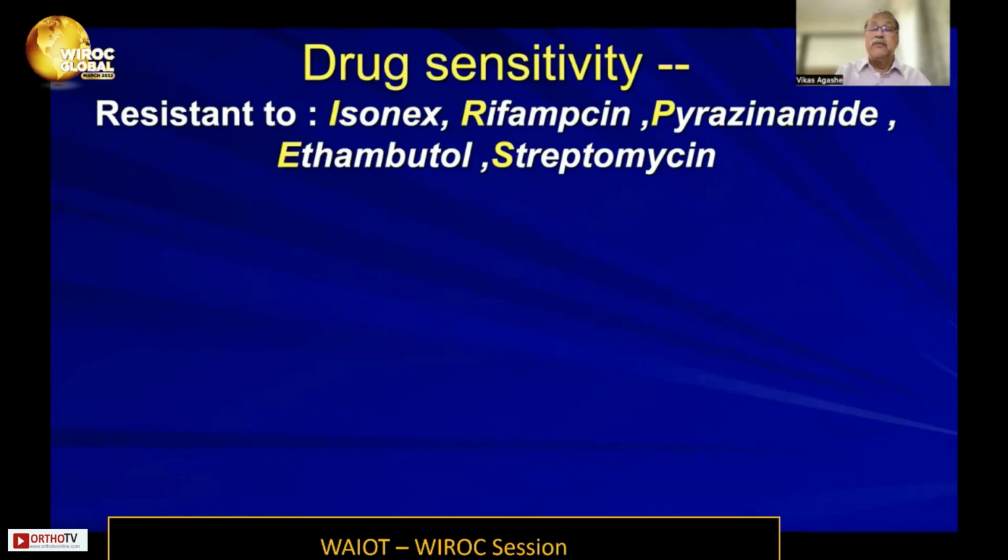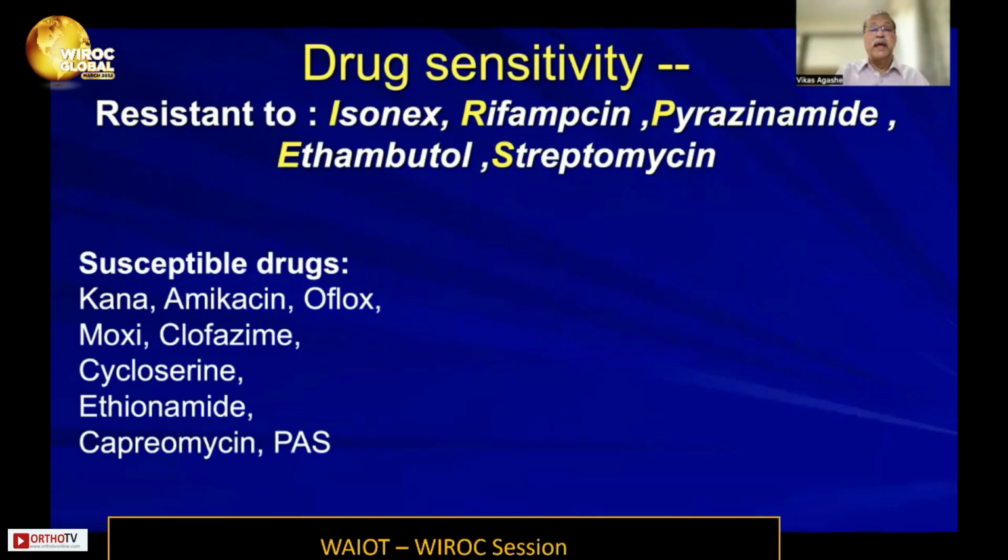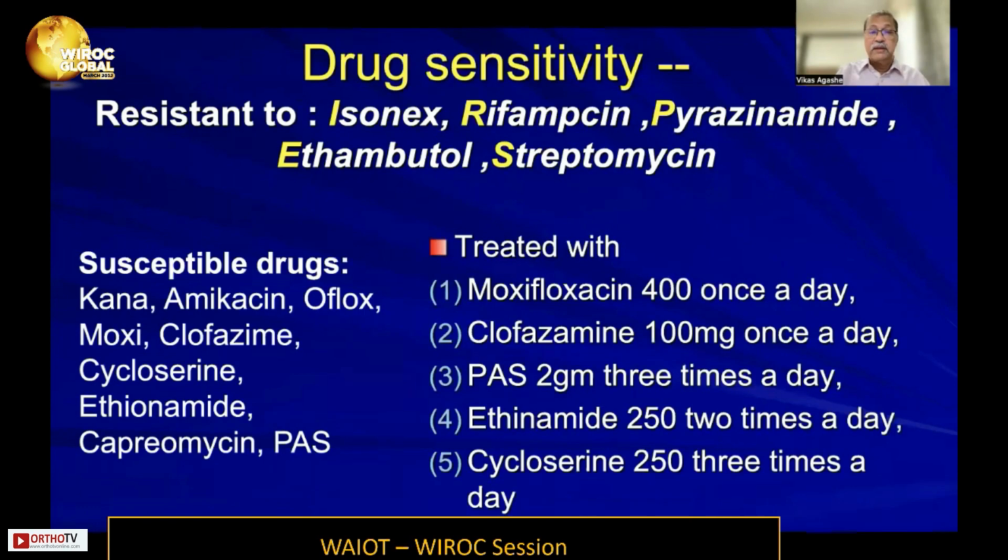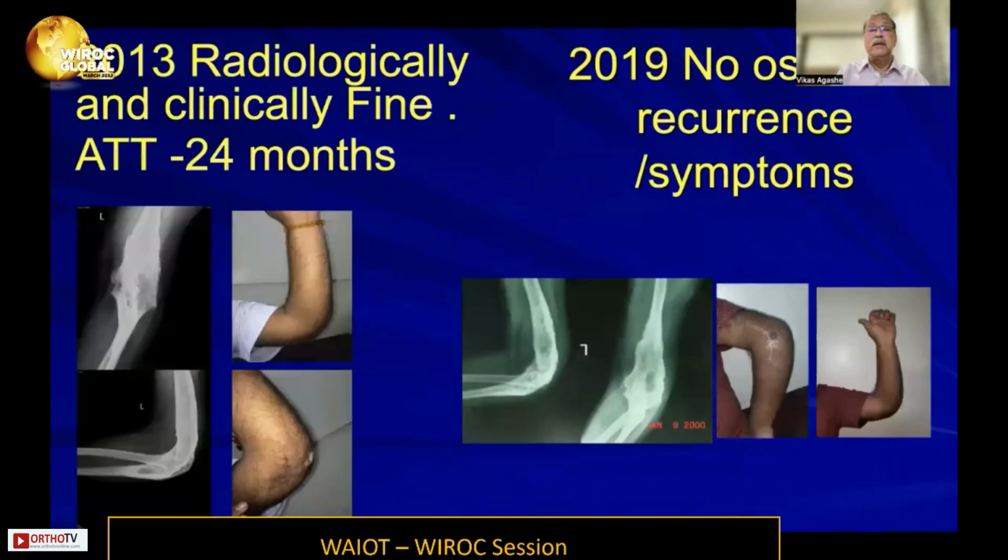And he was on these drugs for a long, long time. He was susceptible to following drugs, and therefore he was treated with moxifloxacin, clofazimine, PAS, ethionamide, and cycloserine. In 2013, he was radiologically and clinically fine.